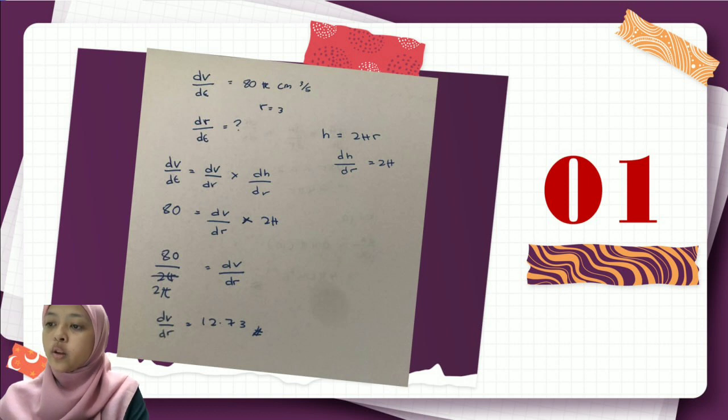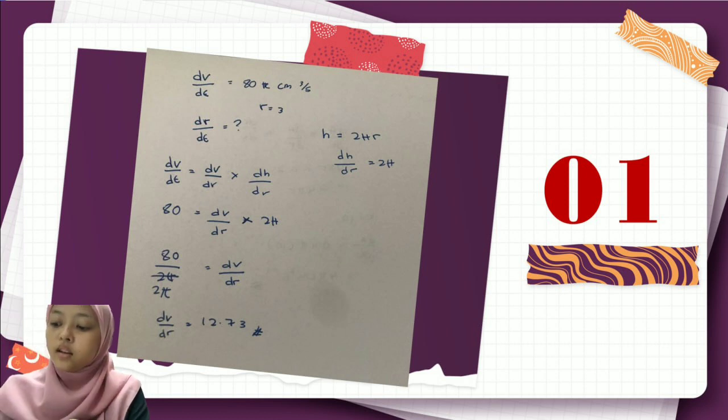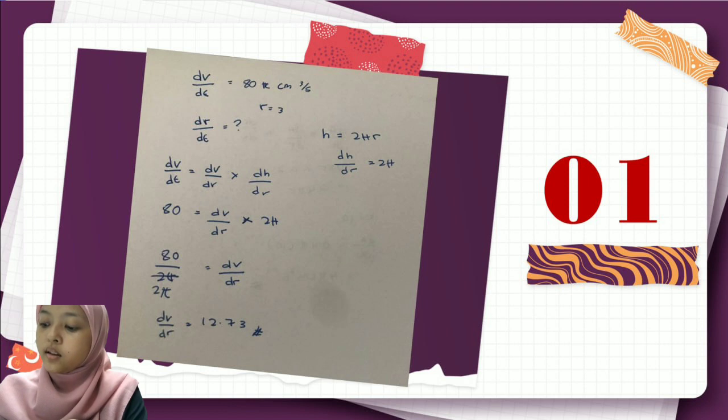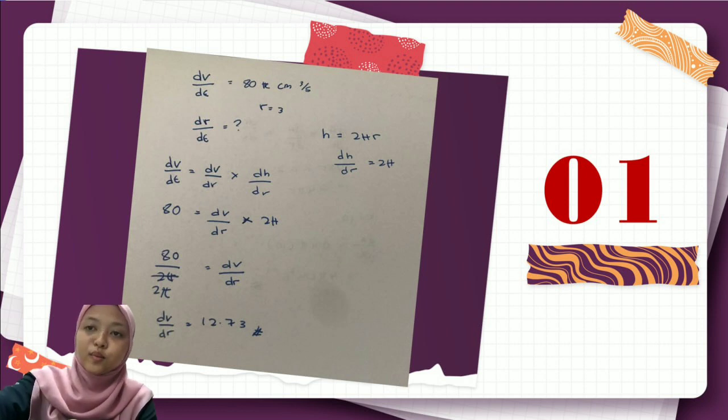So the formula is dV per dt equals dr per dt times dh per dr. 80 pi per 2 pi is equal to dr per dt, which is equal to 40. So that's it. Thank you.